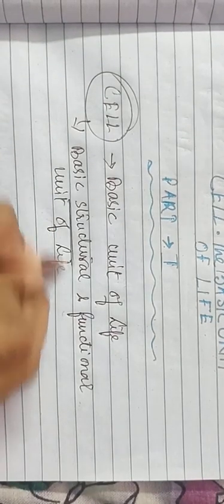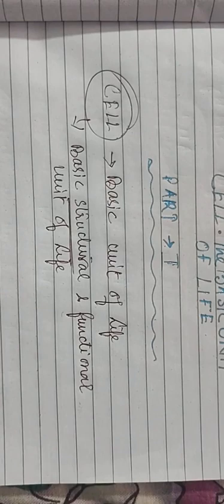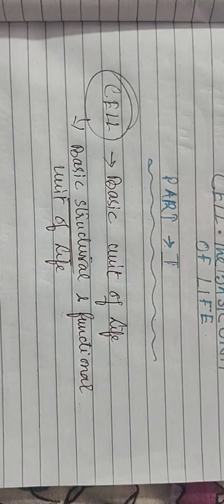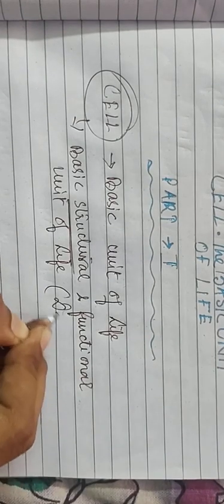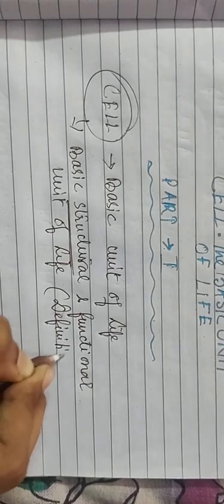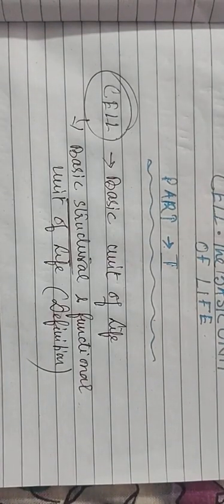Structural means the living organism's structure is made up of cells, and all our physiological and functional activity is also performed by the cells inside our body. So this can be the definition of the cell.